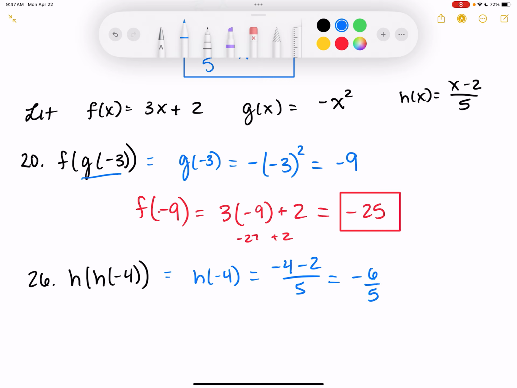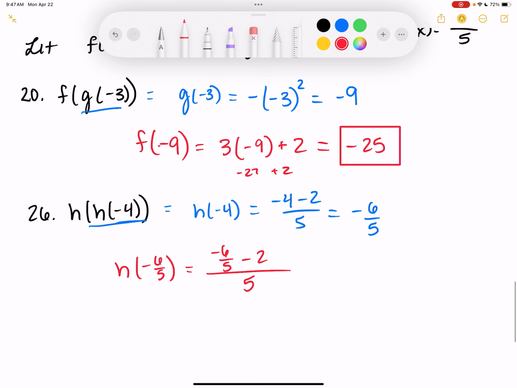Now I'm going to take that and replace it here. So I have h of negative 6 over 5 is equal to negative 6 over 5 minus 2 over 5. What do I need to do to simplify it?